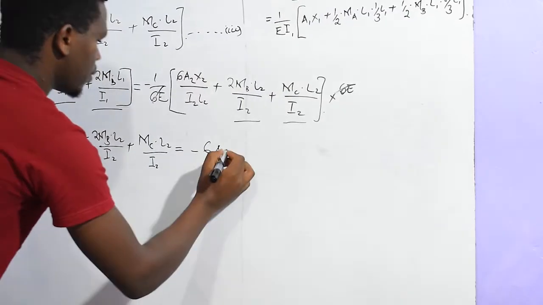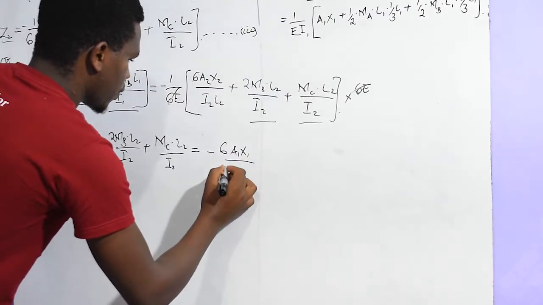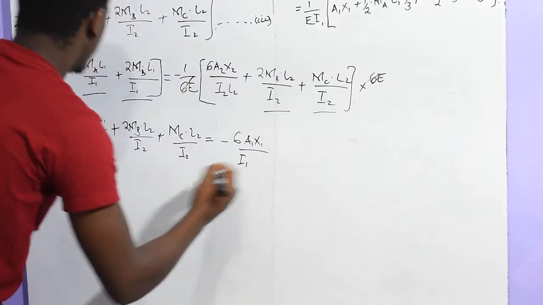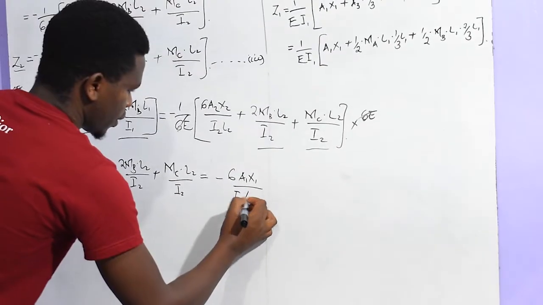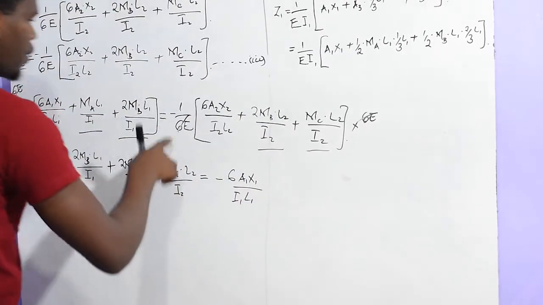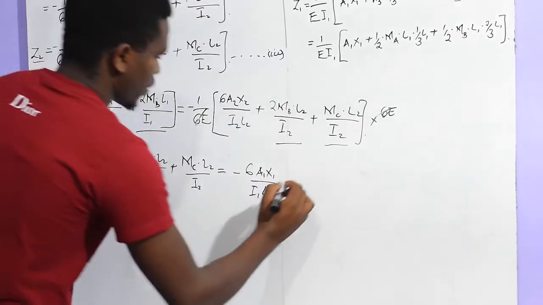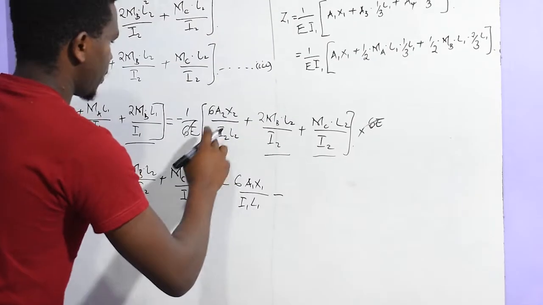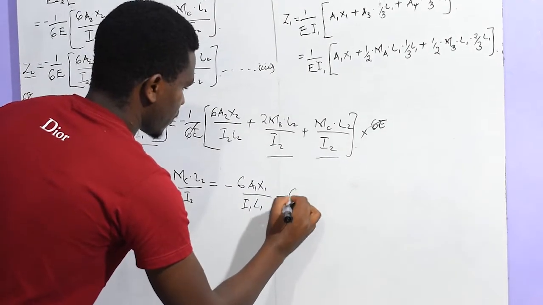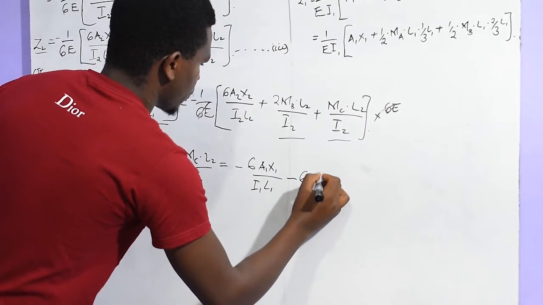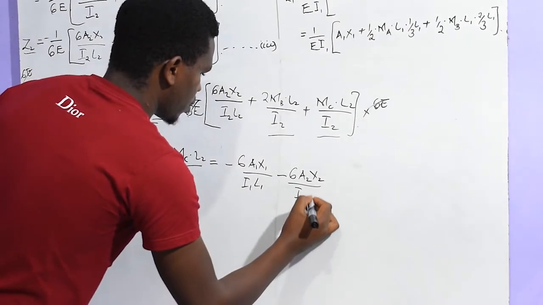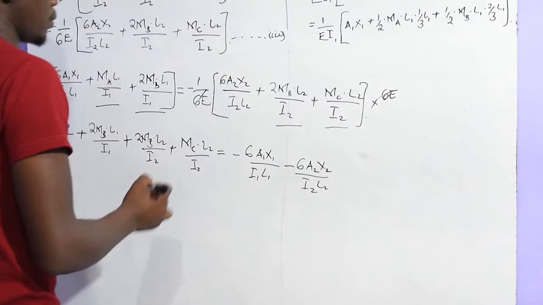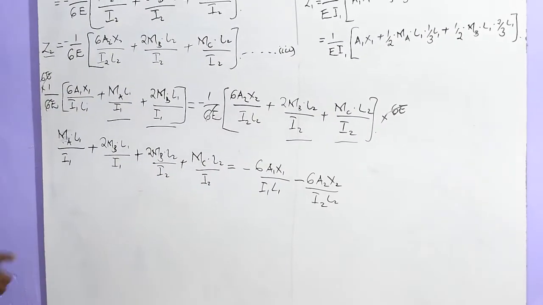area 1 x1 all over I1 L1. This is negative 2. Therefore, it will be negative 6 area 2 x2 all over I2 L2. Like so.